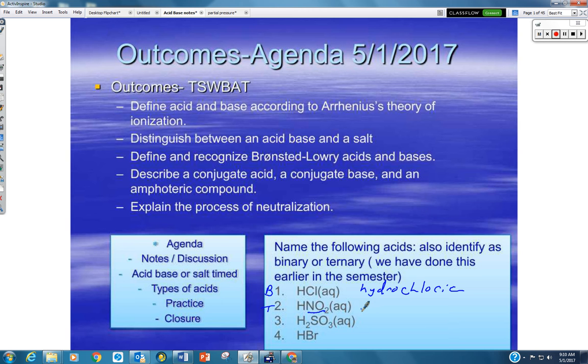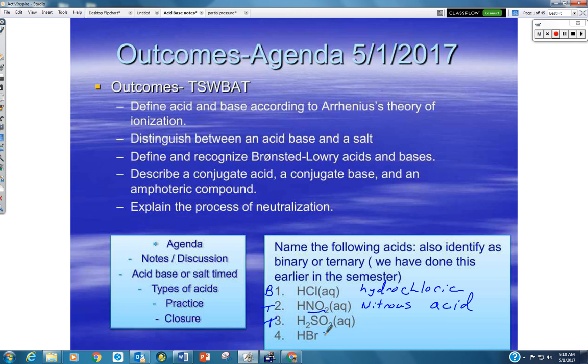So is it nitric or nitrous? NO2 is nitrite, so this one is going to become nitrous acid, because ite becomes ous.